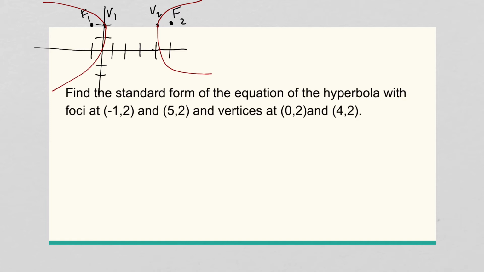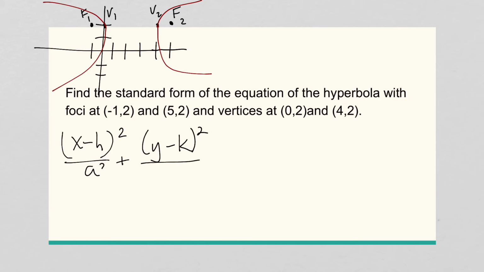So that means I'm going to be using the equation of x minus h squared over a squared plus y minus k squared over b squared. Oh, that should be a minus, my bad. Minus, sorry. Equaling 1. Okay, so let's figure out our center.